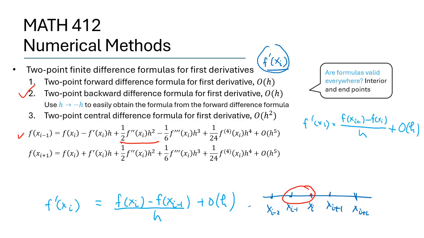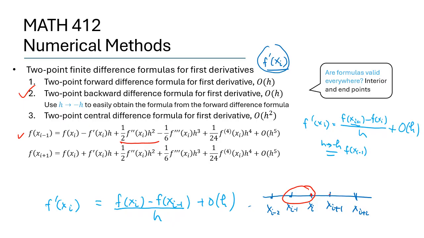Now can you imagine if we change h to negative h? Then this term will be f of xi minus 1.